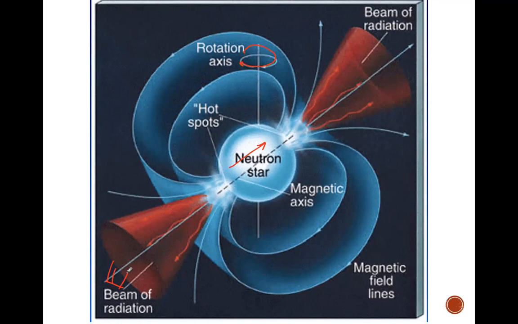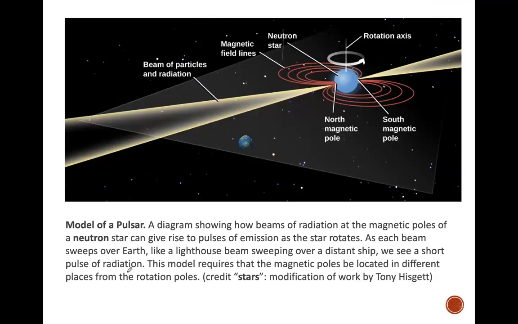But it's a chance thing again. If this is oriented in a different way, there may be a neutron star, but we may not detect pulsars. That's how it works. And here is a model of a pulsar, a diagram showing how beams of radiation are emitted. Again, here is the rotation axis, and with the rotation axis, you have a neutron star right here.